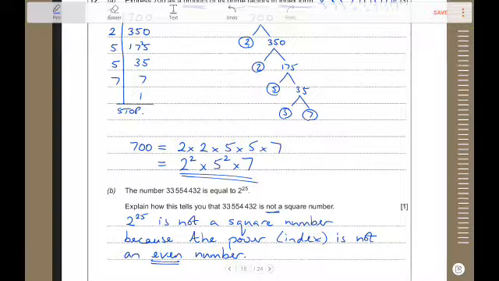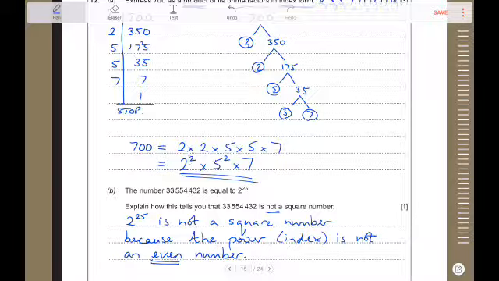And that's that. So basically, if the power is even, if that was 2 to the 24, then that would be a square number. Okay? So that's all you have to say with that, is the power is not even, therefore it's not a square number. In fact, 700 is not square because all the powers in the answer above were not even.